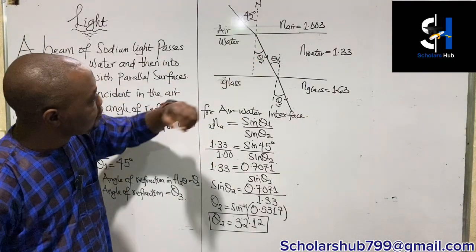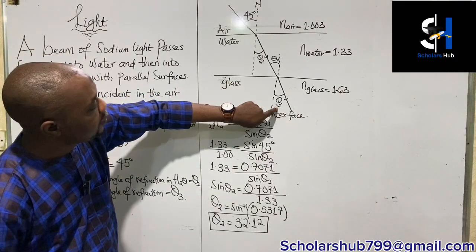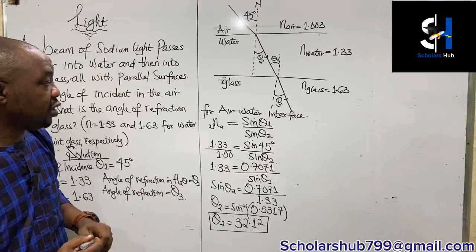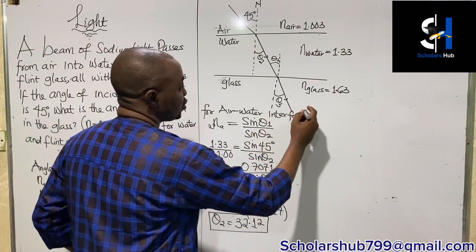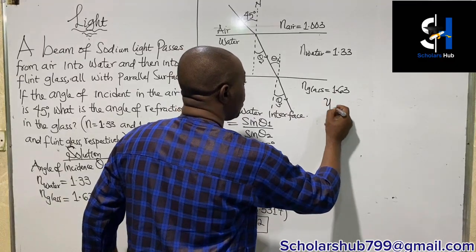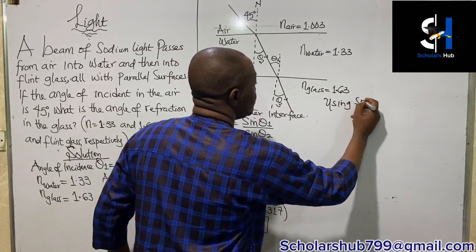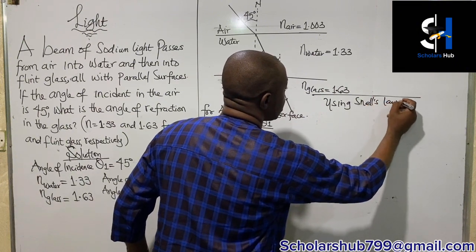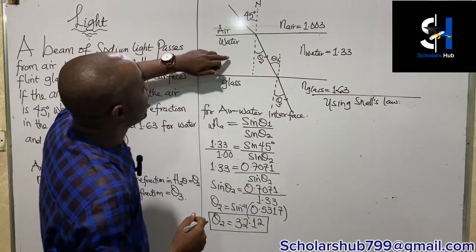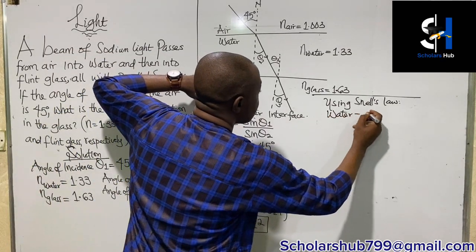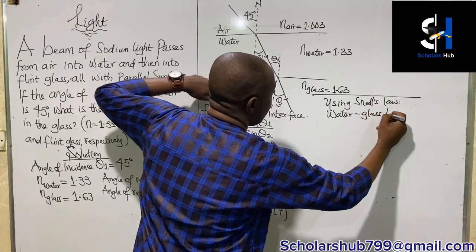Now, in this case, we need to find the value of the third angle. To do that, we use Snell's law. This time we have the water glass interface, or boundary.